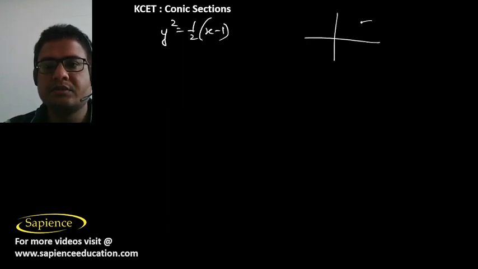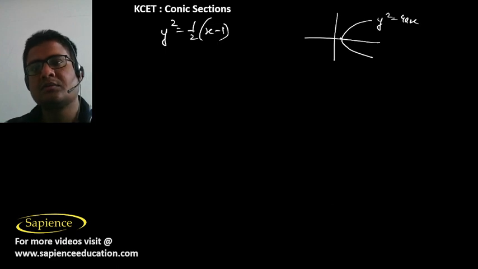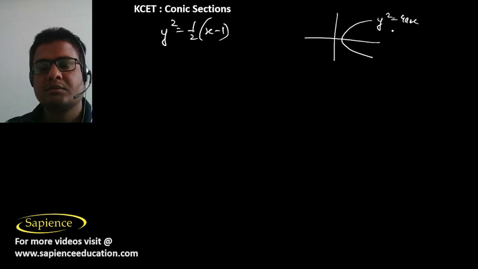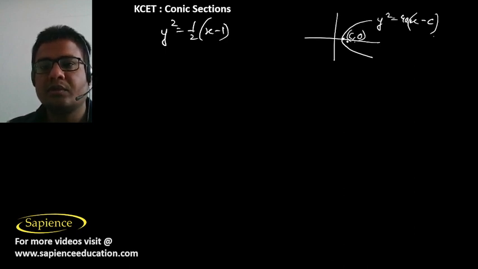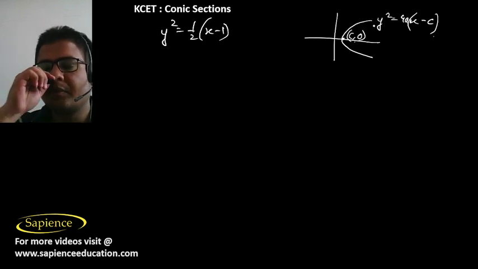So this is a parabola like y square equal to 4ax, but here y square equal to 4a into (x minus some constant c), suppose. It means that at x equal to c, the point (c, 0) is where the axis will intersect the parabola.